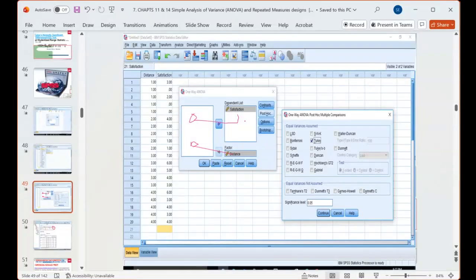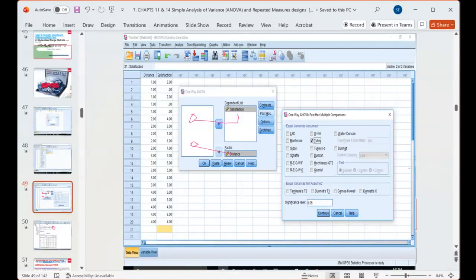And SPSS does more than what we ask. As you can see, if you click on post hoc, you see all of these are post hoc tests. And they have strange names like LSD, Scheffe, Bonferroni, and all that. But click on Tukey, like the one I did, check it.